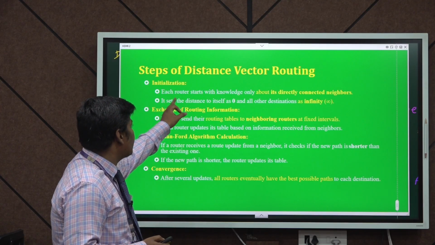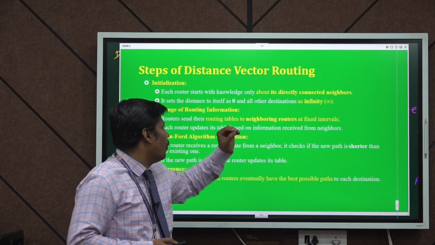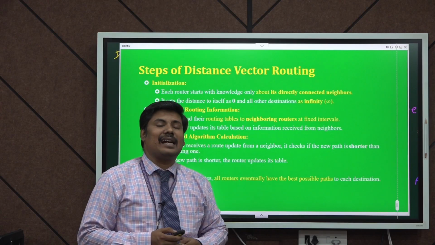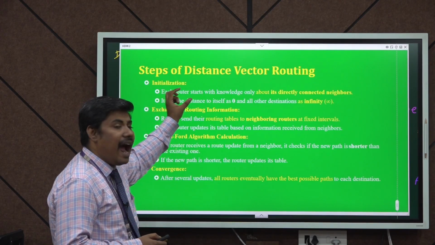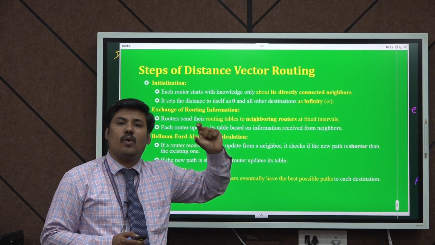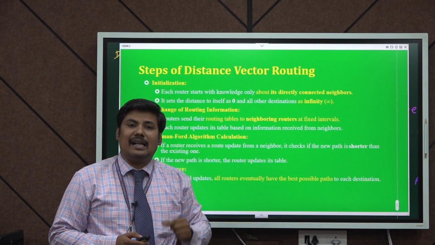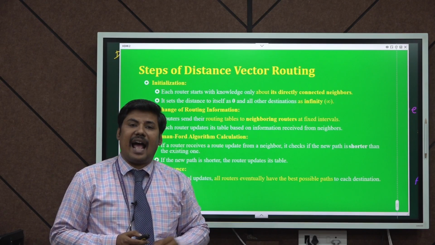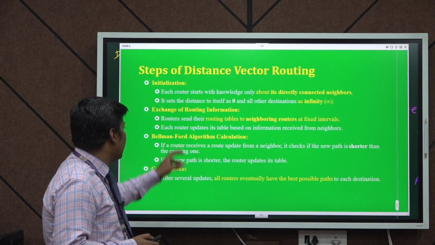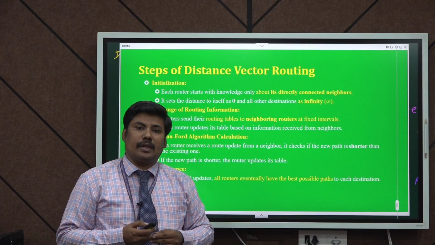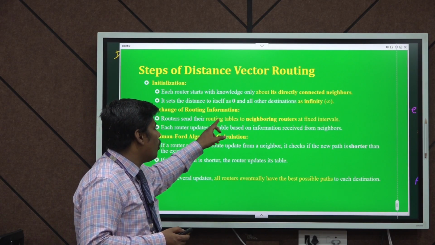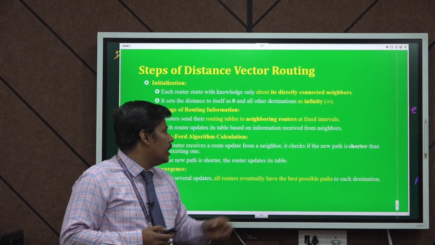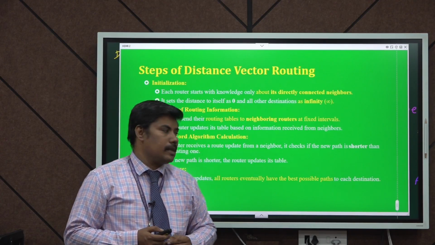Here each router starts with knowledge only about its directly connected neighbors. Then we have to set the initial value as 0 and neighbor nodes as infinity. Then exchange of routing information. Second step, send the routing tables to neighboring routers at fixed intervals.